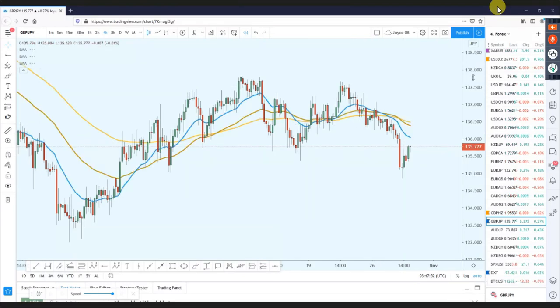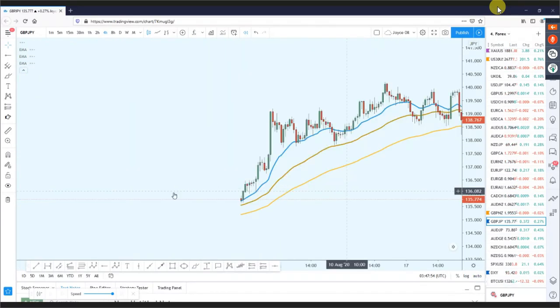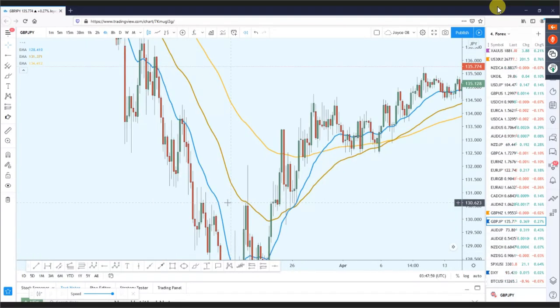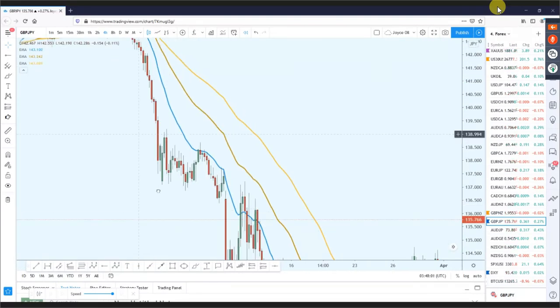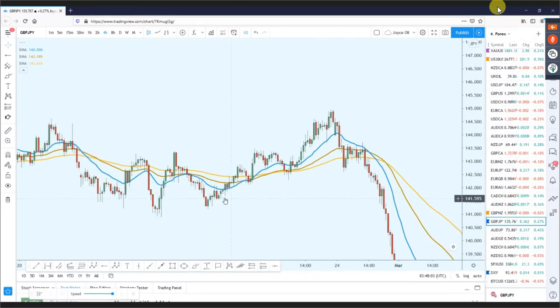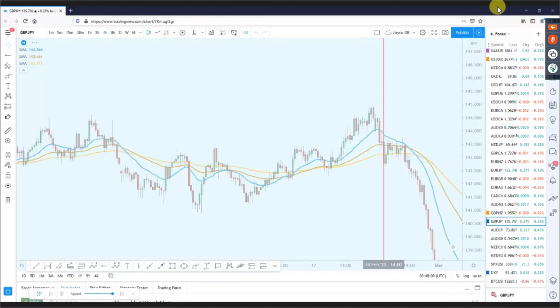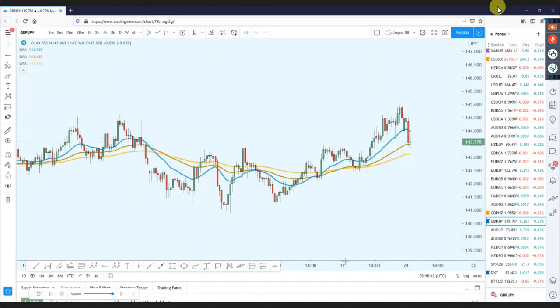GJ. Let's find GJ in a good time. Okay, beautiful. So now if I play back, about here. Okay, so you see price chopping around our indicator.